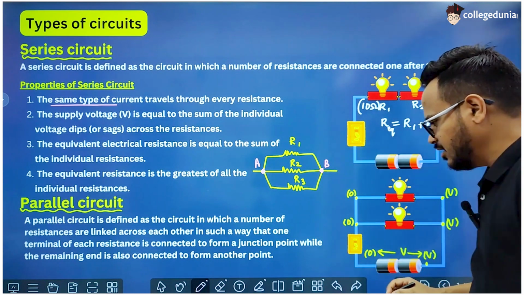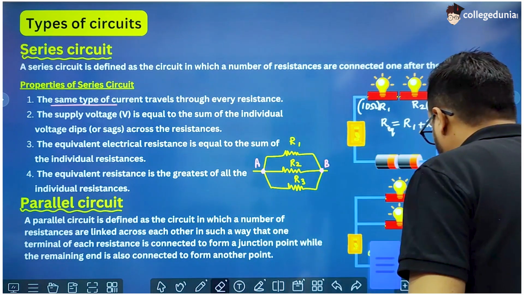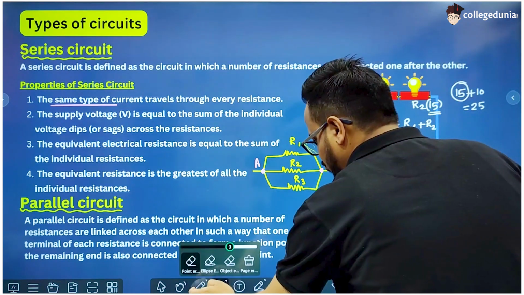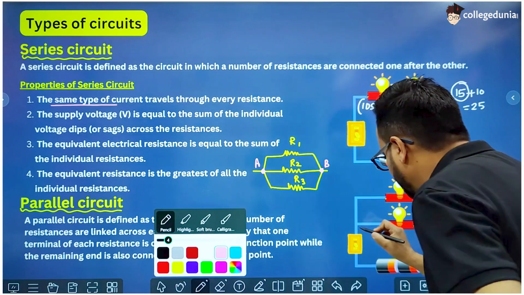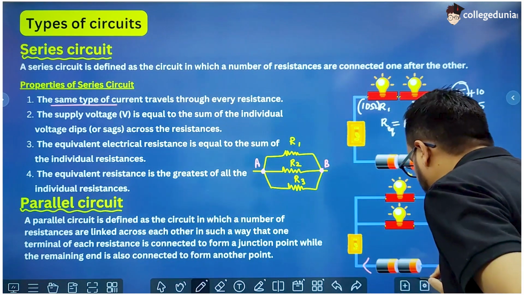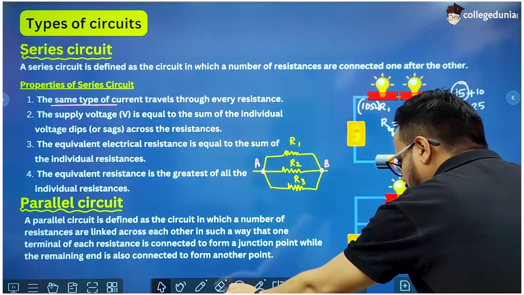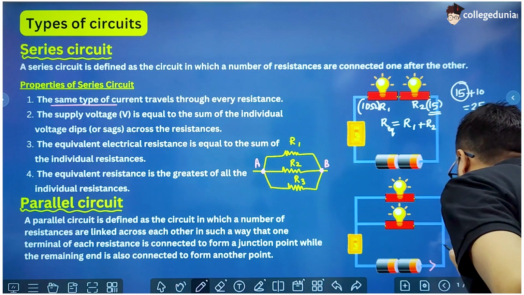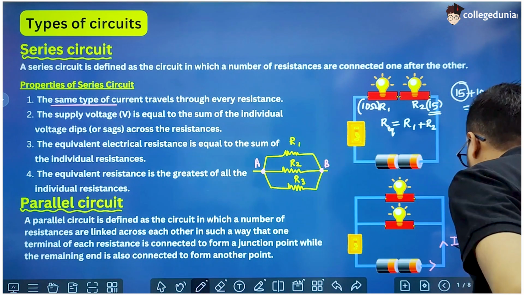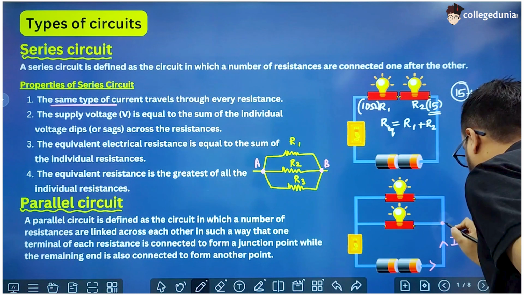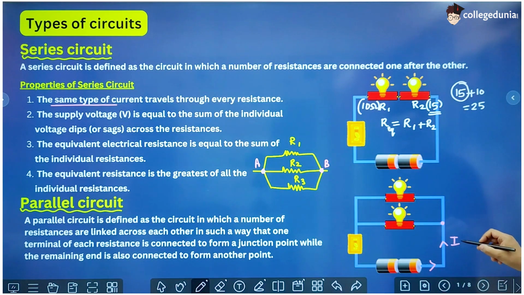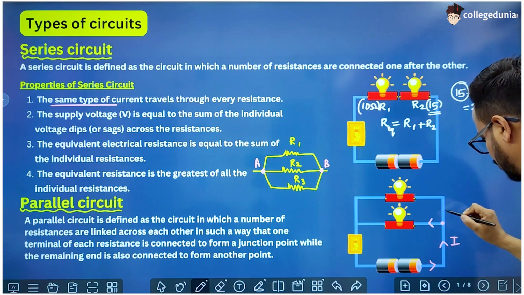Number 2, since the branches are dividing, if some current is coming from the positive terminal of this battery, let us say the current I comes in this circuit, then at this junction, this current will have two branches to move to.